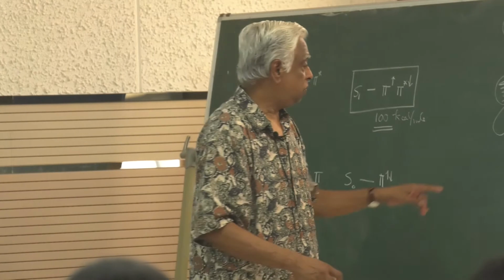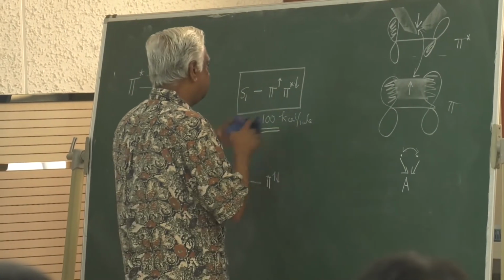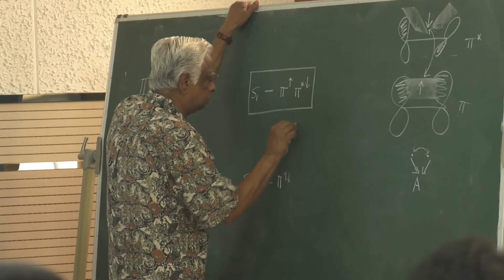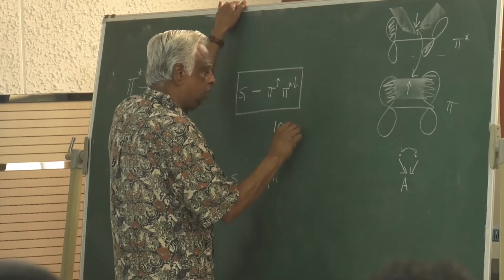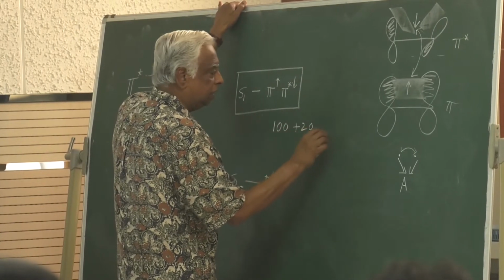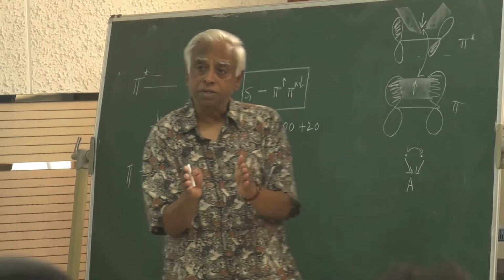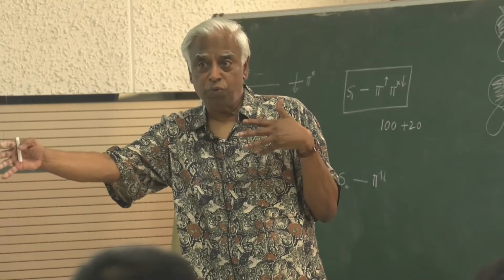So now when we calculate the energy, the original number was 100. Now you worry about the repulsion, you put another 20 kilocalories, and then because of the spin, the two electrons have the opposite spin, they will stay closer to each other. They will not go too far away.